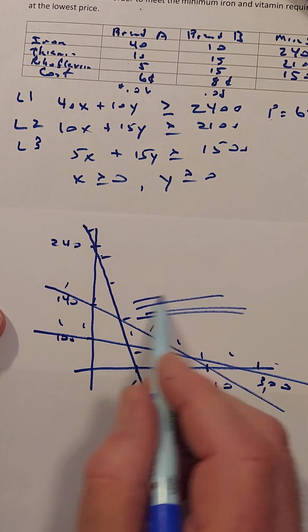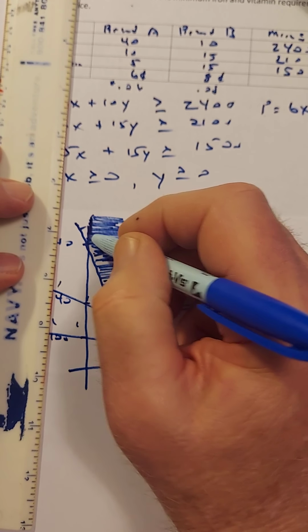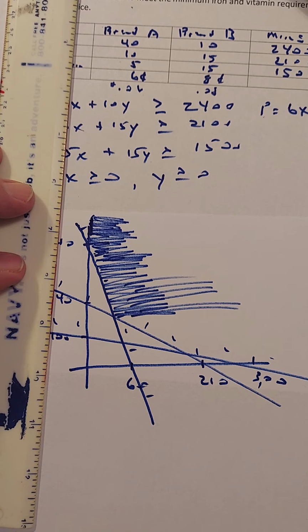So don't forget x is greater than 0. So this flattens off up here at the top. Some people forget to put that. So you got an edge. I'll darken that, make it stick out a little bit better.